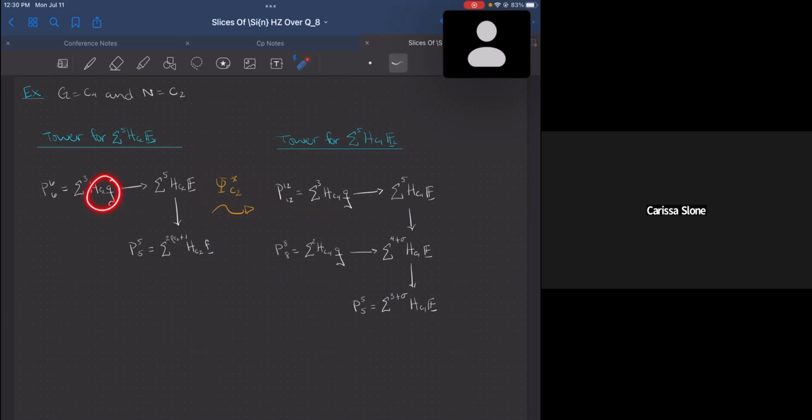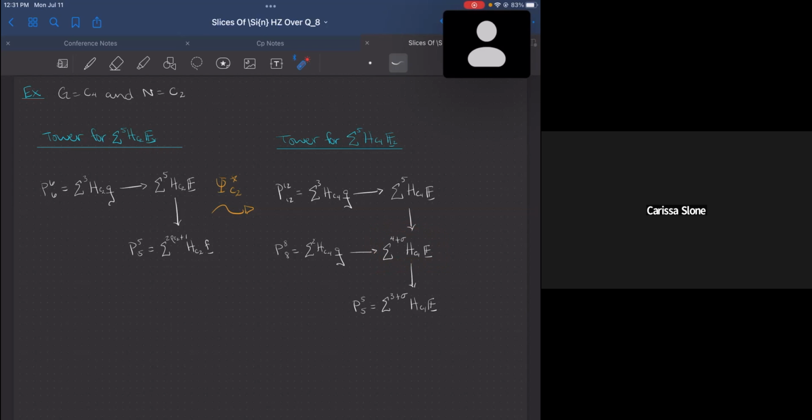So G pulls back to G. Here, our HC2F, that pulls back to HC4F because we're using psi star. And then here, our 2 rho C2 plus 1 suspension of H little f, that pulls back to a 4 plus sigma suspension of HC4 capital F.